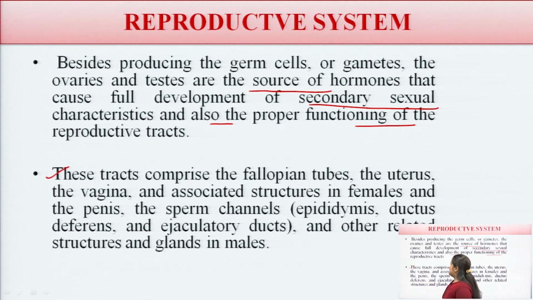These tracts comprise the fallopian tubes, uterus, vagina and associated structures in the female, and in the male the penis, sperm channels, that is epididymis, ducts, vas deferens, ejaculatory ducts, and other related structures and glands.